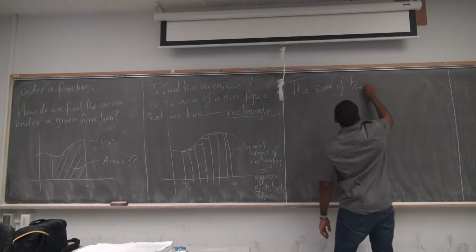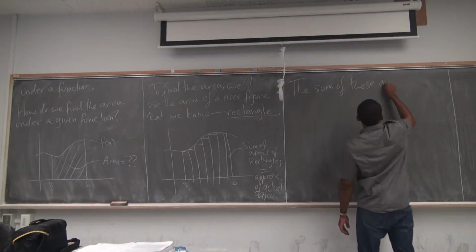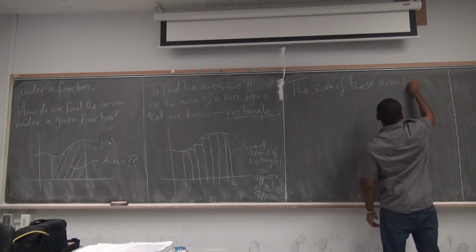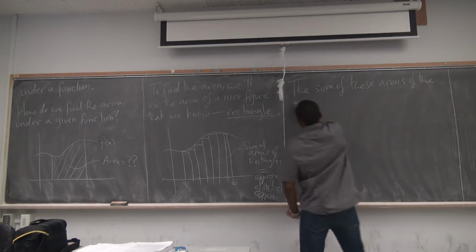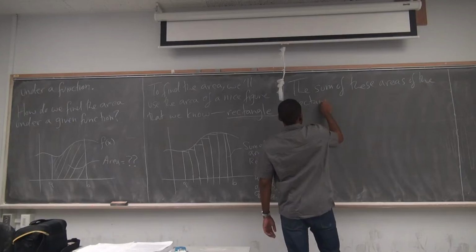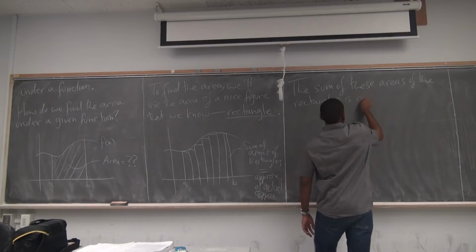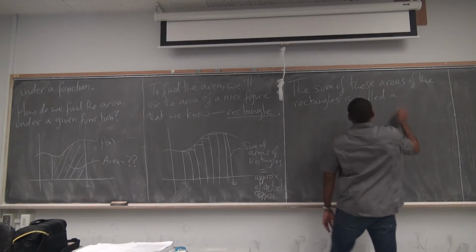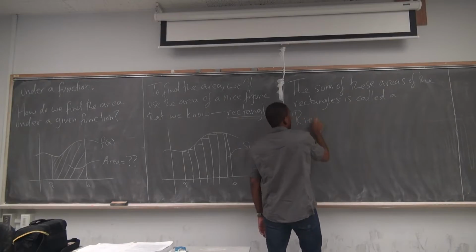The sum of these areas is called a Riemann sum.